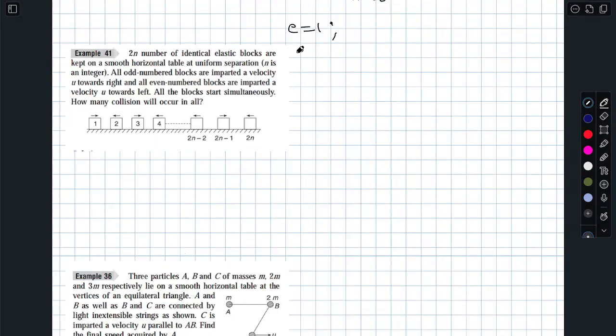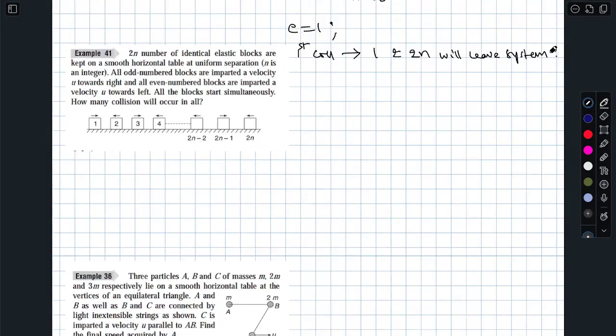After the first collision, the blocks in between interact, and blocks 1 and 2n will leave the system. Are we clear?